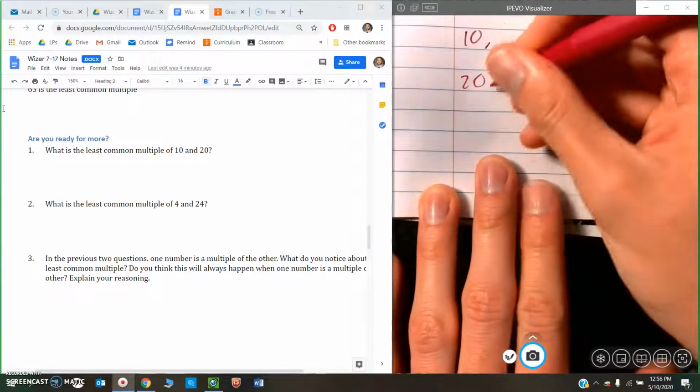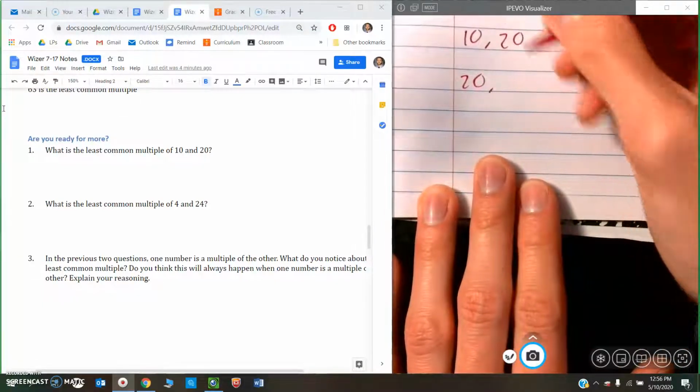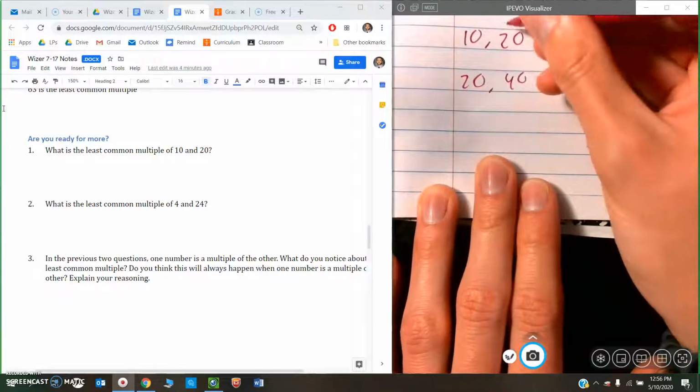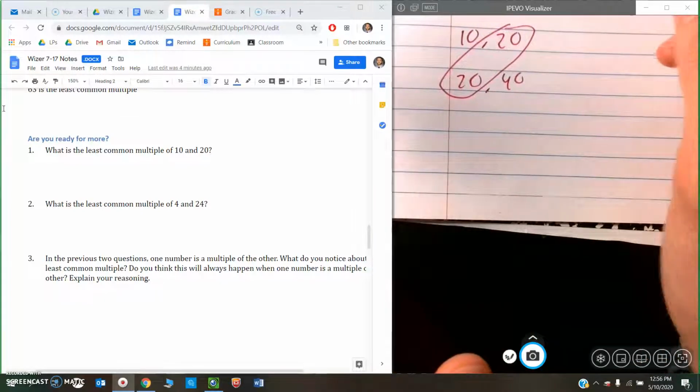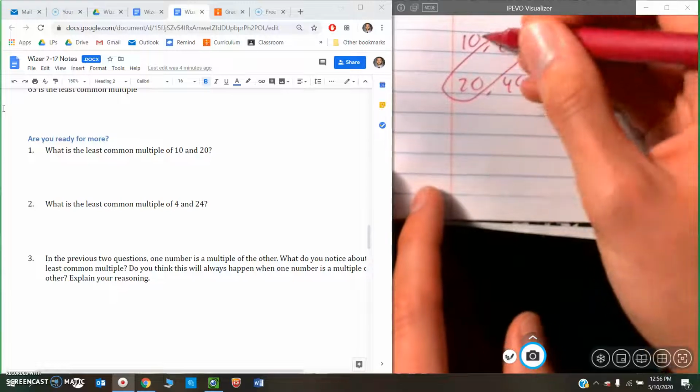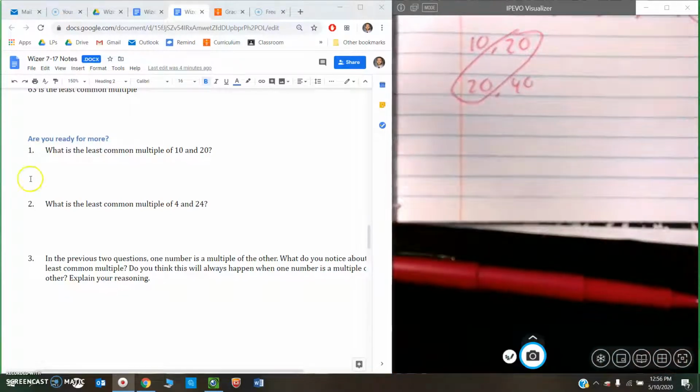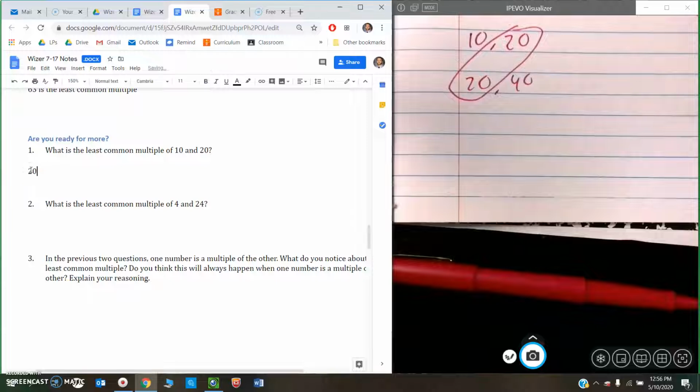So once again, we're going to make a list of all the multiples. 10, 20, 40. But wait a second. I already found it. Because 10 times 2 is 20 and 20 times 1 is 20. So 20 is the least common multiple. That is the first number that they are both multiples of.